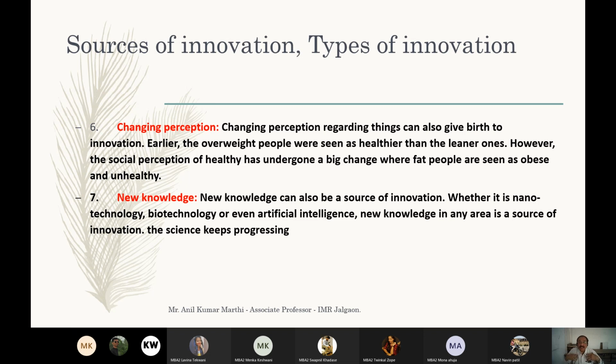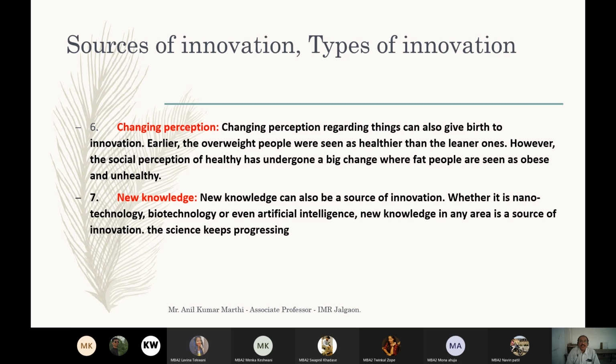Our perceptions change. We have an opinion about some product, some service, some issue today. But over a period of time, our perception changes. We may no longer believe in that. So changing perception regarding things can also give birth to innovation.